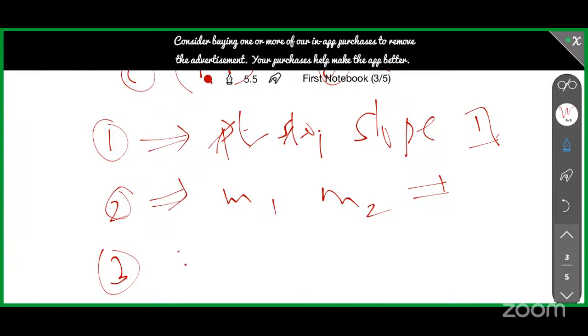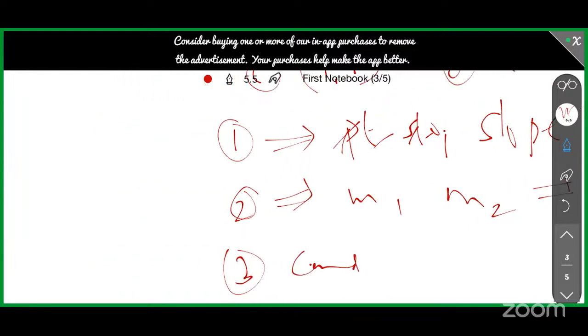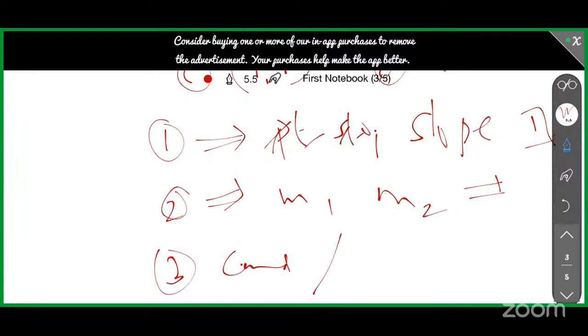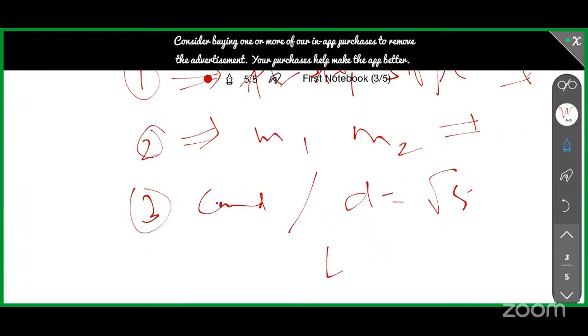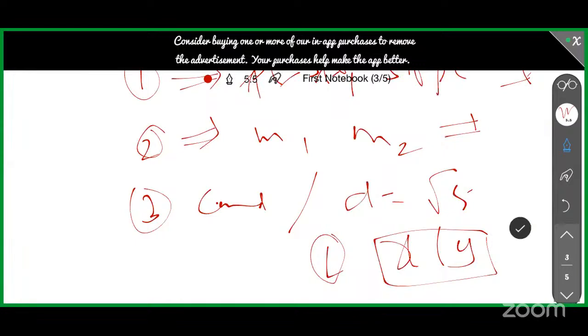Either you can use the condition, or else, since they have given that the perpendicular distance d is equal to root 5, you can solve the first equation and take either x value or y value, in terms of x or y depending on which you take.